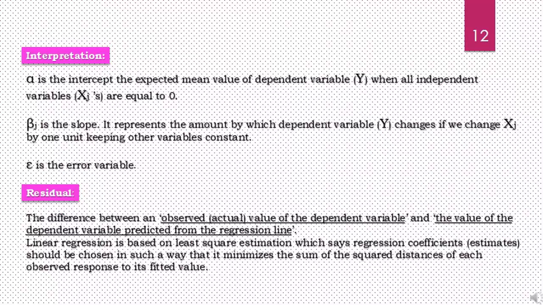Residual: the difference between an observed value of the dependent variable and the value predicted from the regression line. Linear regression is based on least square estimation, which says regression coefficients should be chosen in such a way that they minimize the sum of squared distances of each observed response to its fitted value.